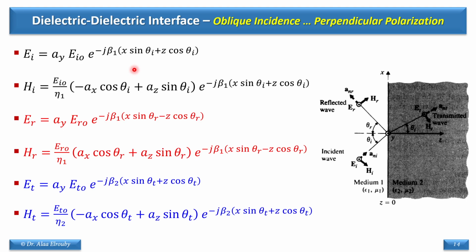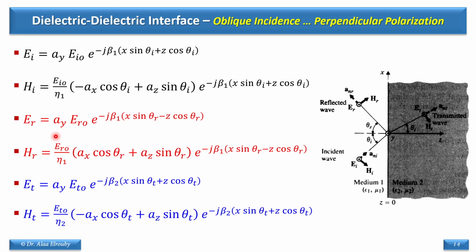The x component cross positive y gives z, and the z component, z cross y, has a minus x. This is the same wave, so it's the same phase term.